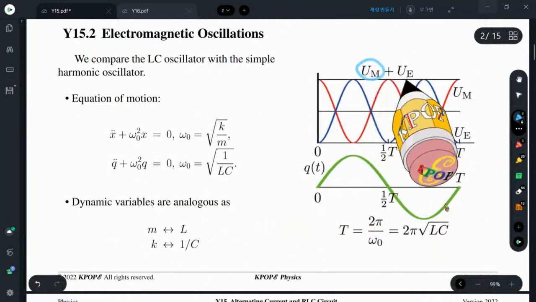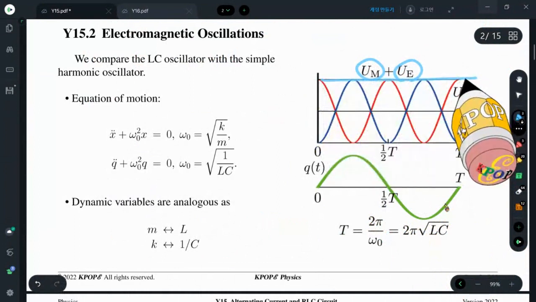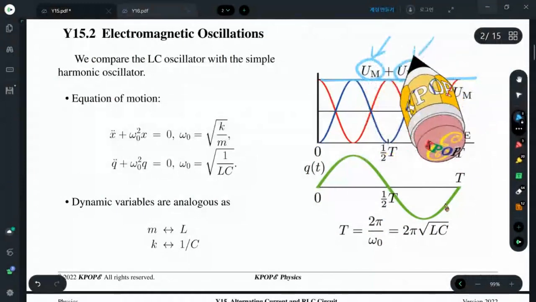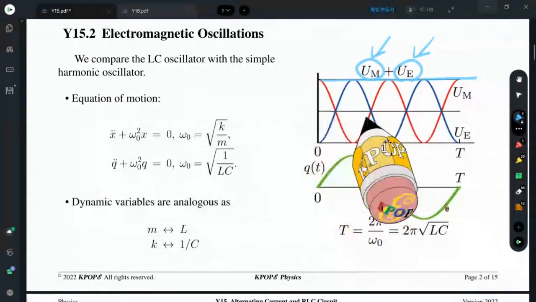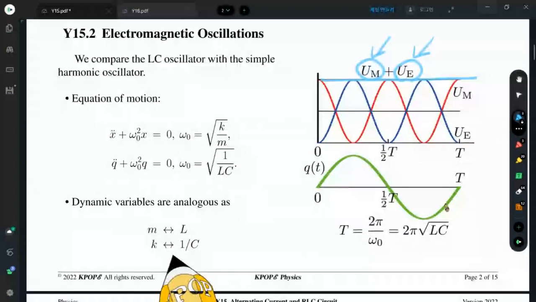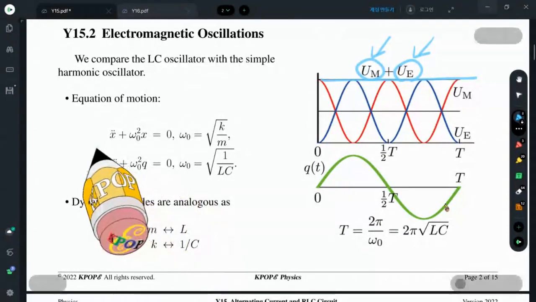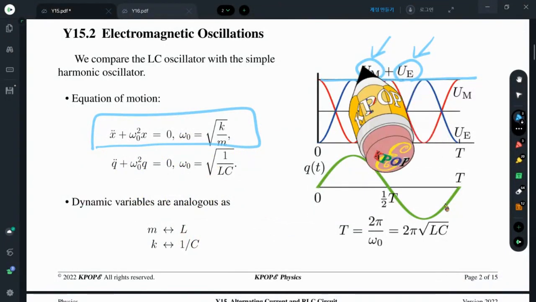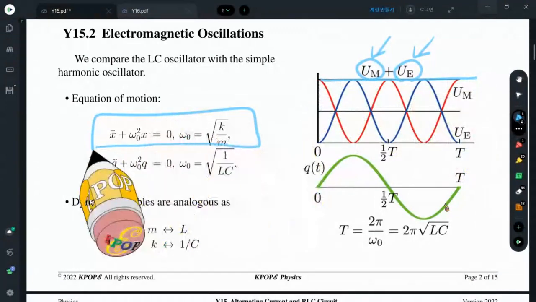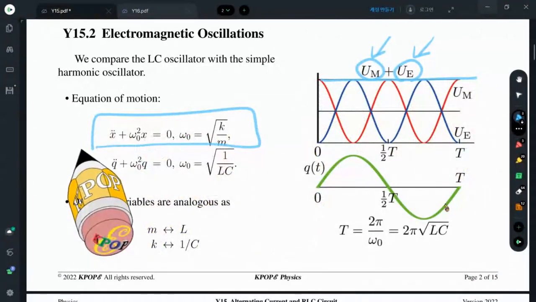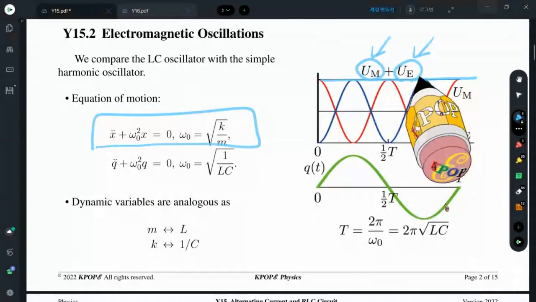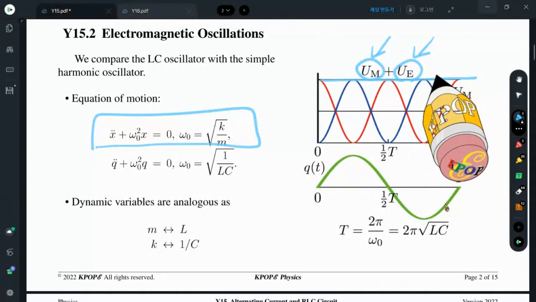If the sum of these two contributions is a constant, and each part is oscillating as a sinusoidal wave, what we have done with the simple harmonic oscillator becomes a carbon copy. Total mechanical energy of the simple harmonic oscillator corresponds to the total electromagnetic field energy saved inside the inductor and the capacitor.